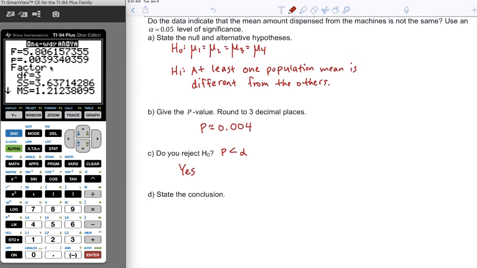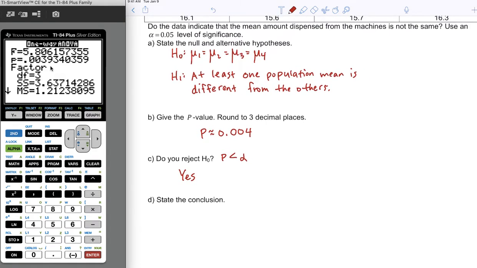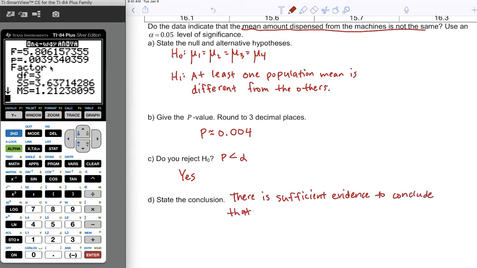So now we can go ahead and write a conclusion. I'm going to go ahead and restate what they say here in the question. So there is sufficient evidence to conclude that the mean amount dispensed from the machines is not the same.